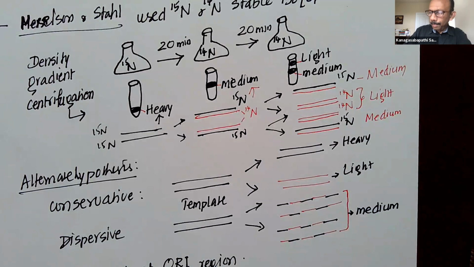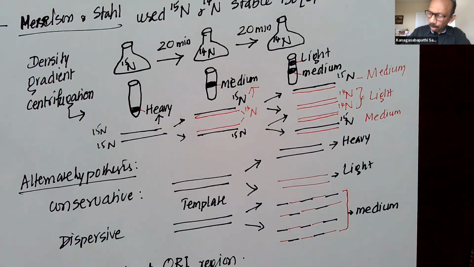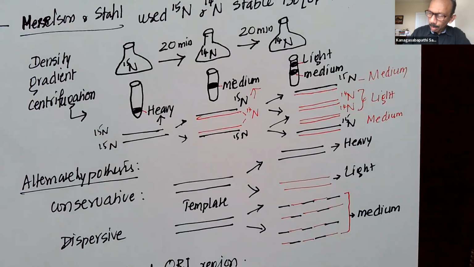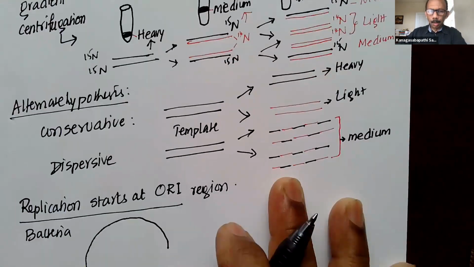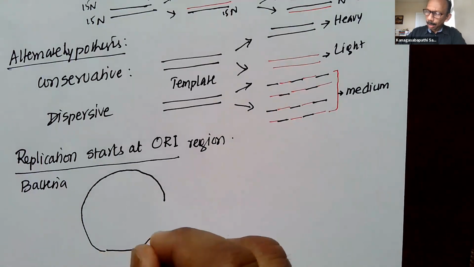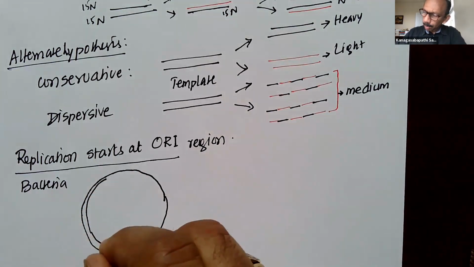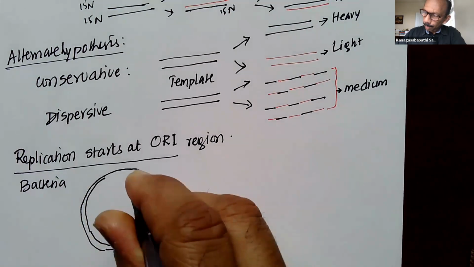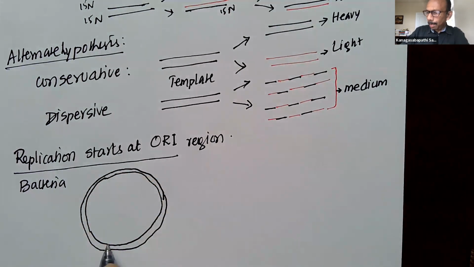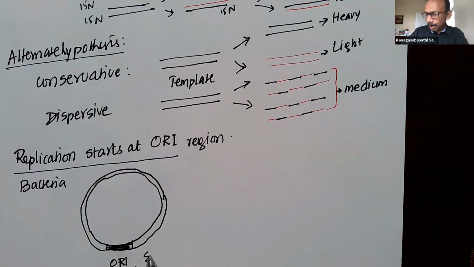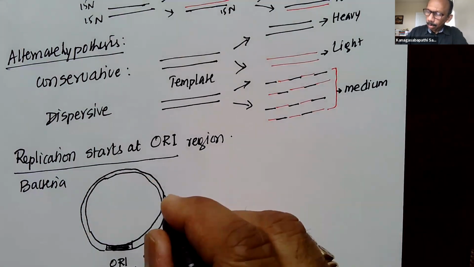Bacteria have a circular chromosome, and this has the DNA like that. And the origin of replication is a single place on the circular DNA, a single origin of replication, okay?